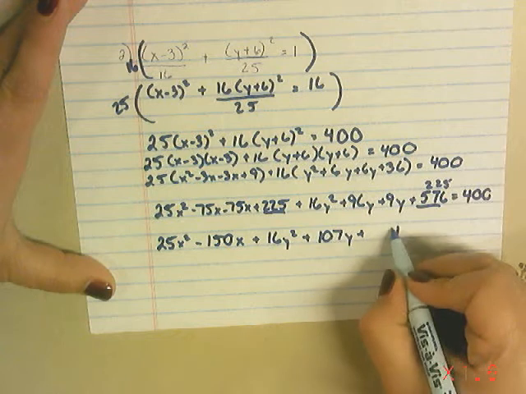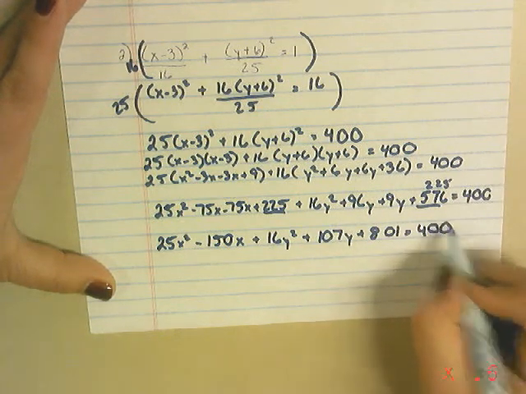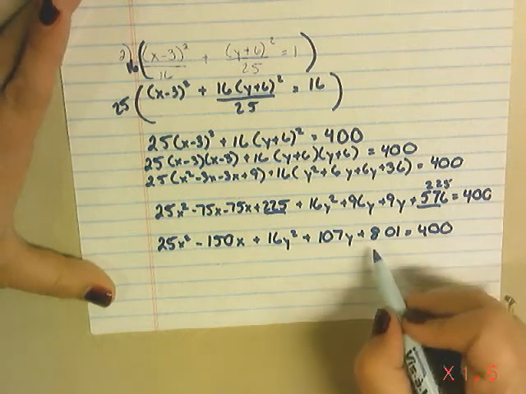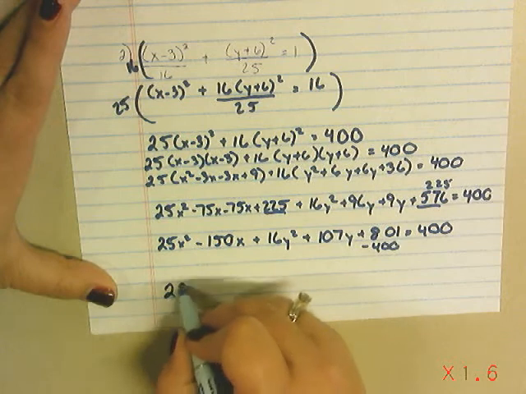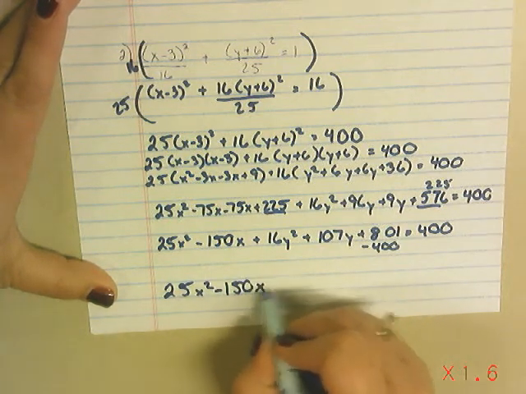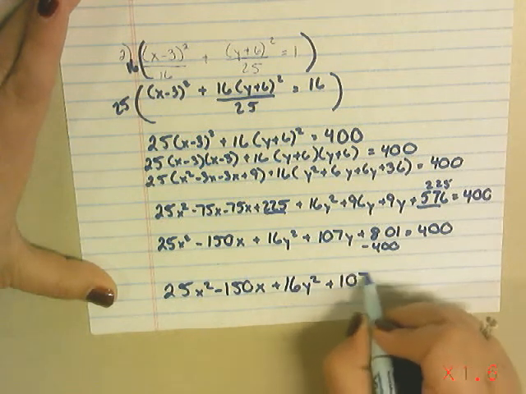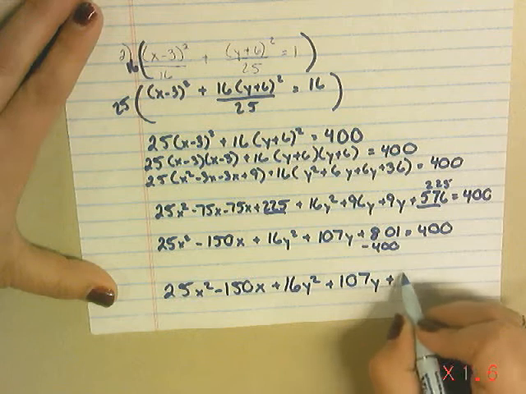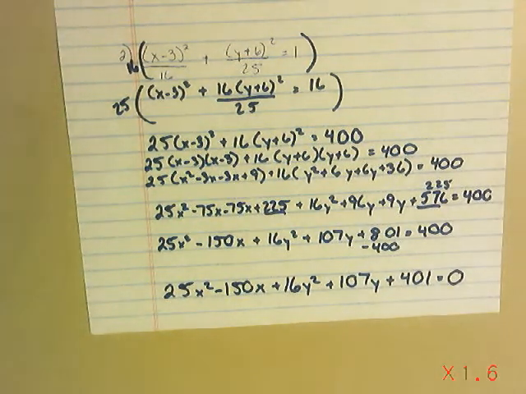That gives me 801. And then last but not least, I'm just going to move that 400 over there. So my final answer, 25x squared minus 150x plus 16y squared plus 192y plus 401 equals 0.